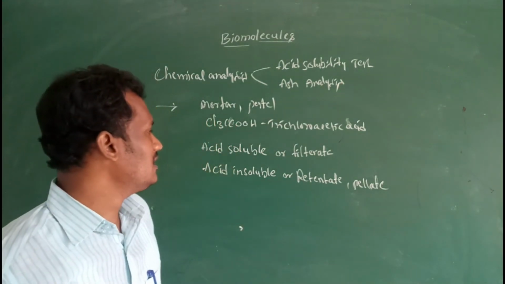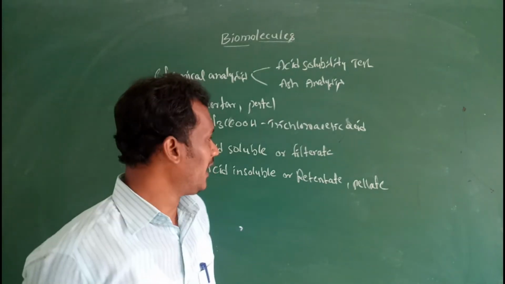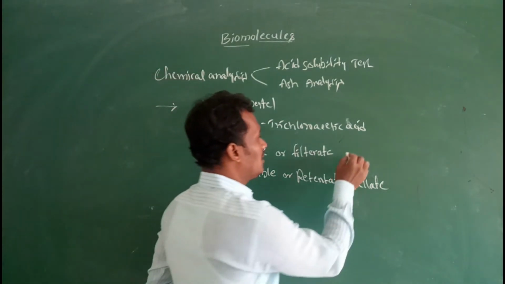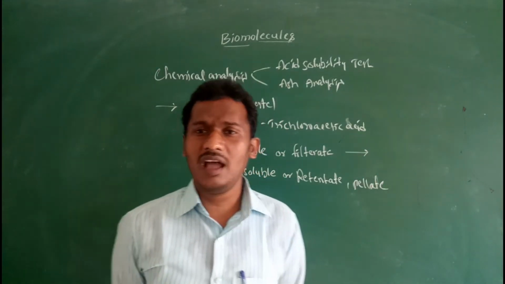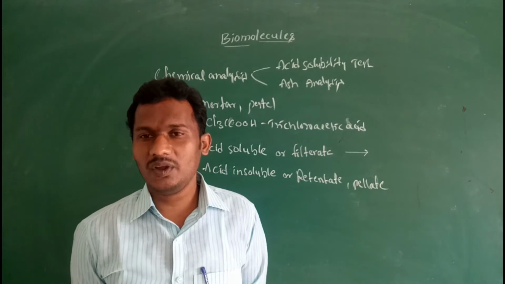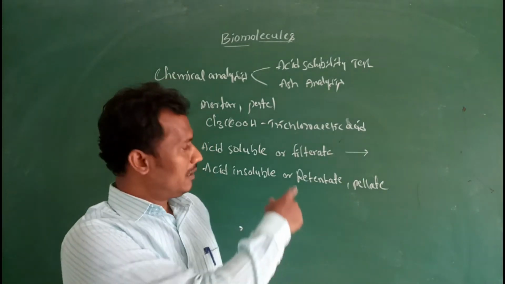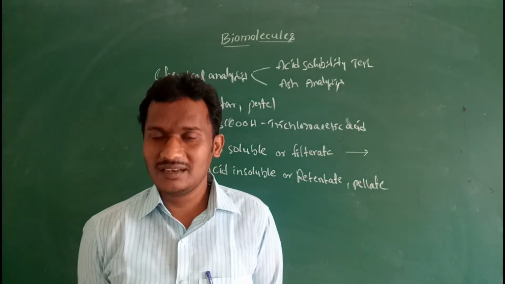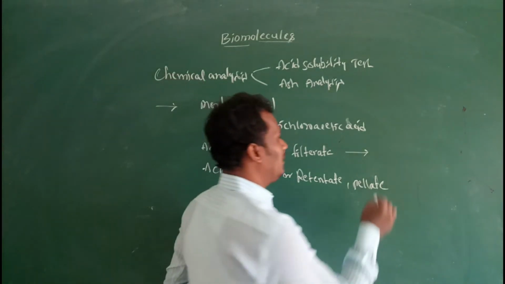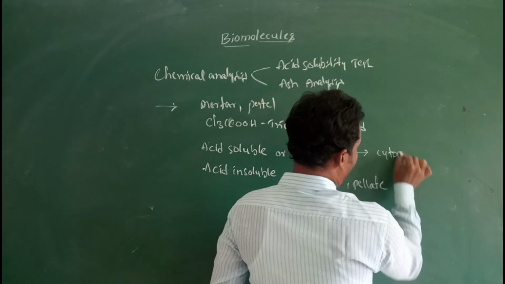The first fraction is the acid soluble fraction, the filtrate. In the filtrate, the chemical compounds, both organic and inorganic, dissolved in this water medium or chemical medium are present in the acid soluble fraction. It is entirely cytoplasmic composition.